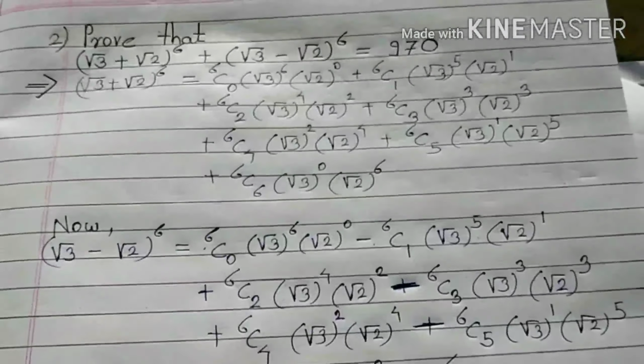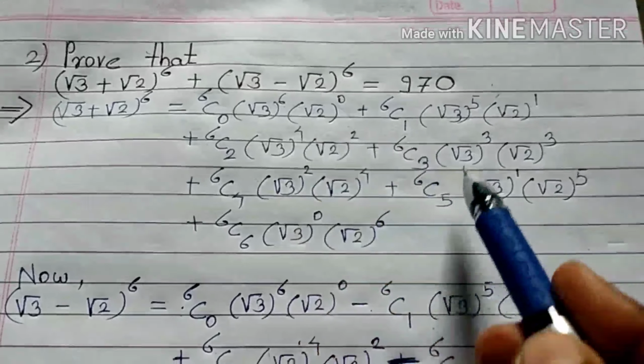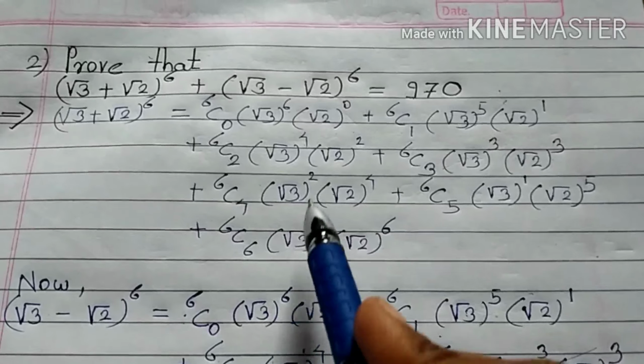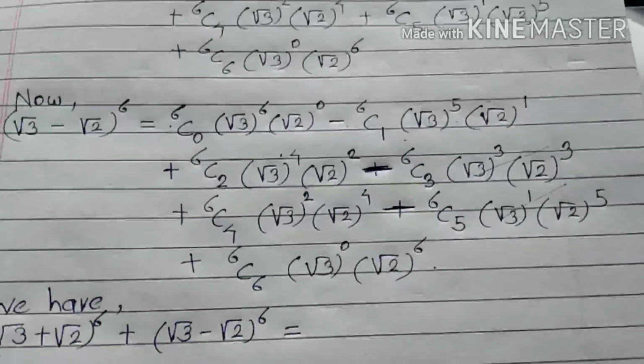So if addition, then you can cancel all the terms here. These two terms you can add, this term cancels, this is addition, this term cancels, this is addition and this term will cancel.